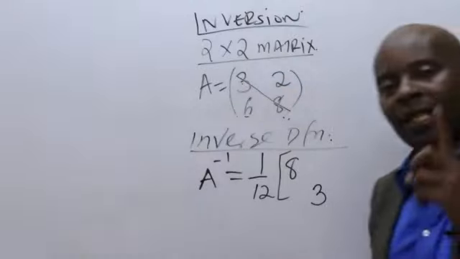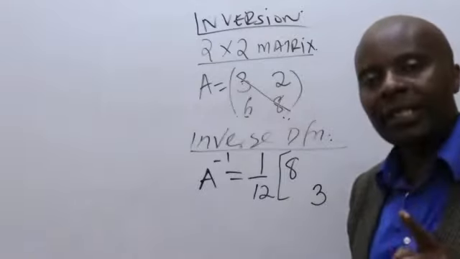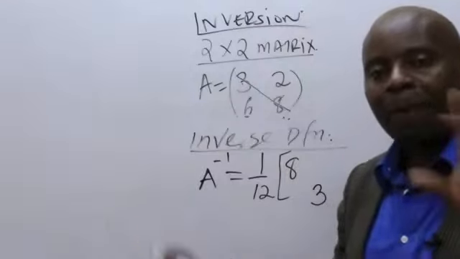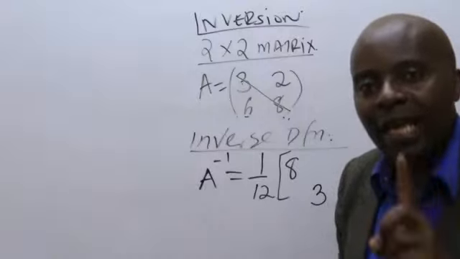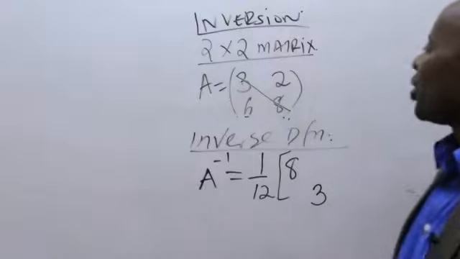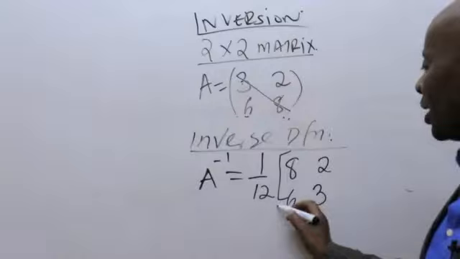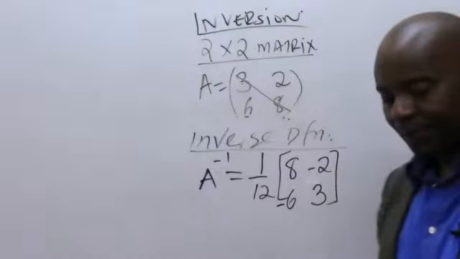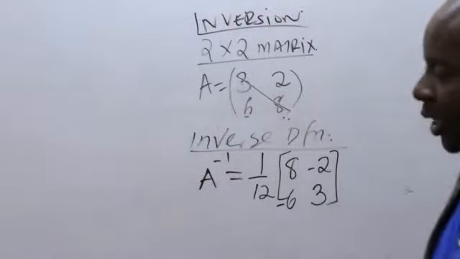What have I said for the secondary elements? We shall leave them where they are, 2 and 6, but now we have to change the signs. They were positives, now they become negatives, like that.